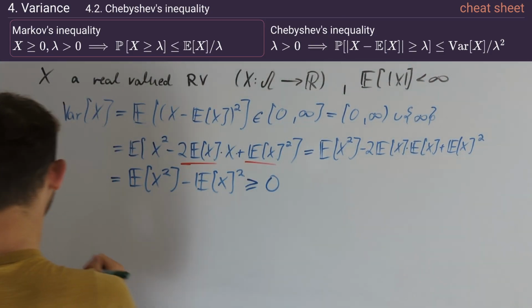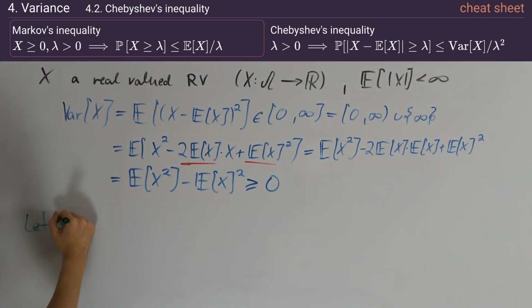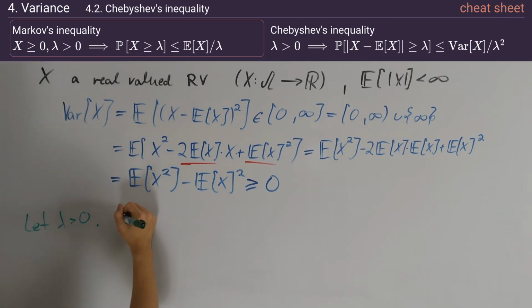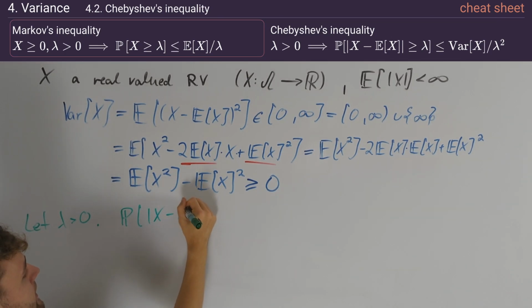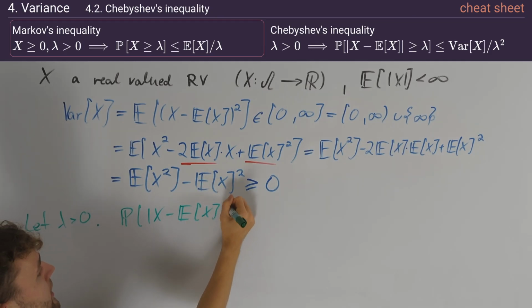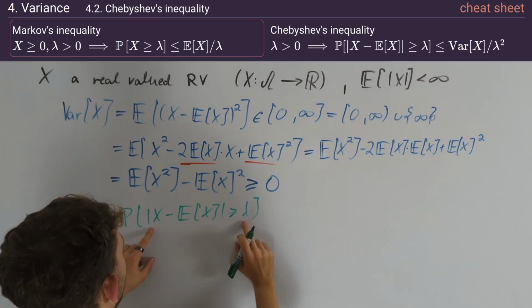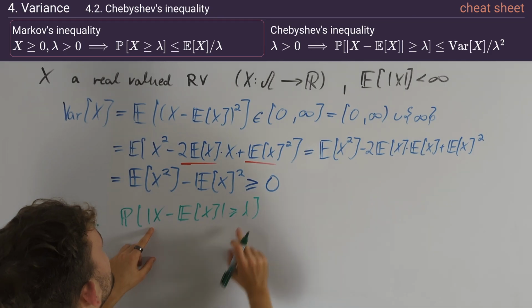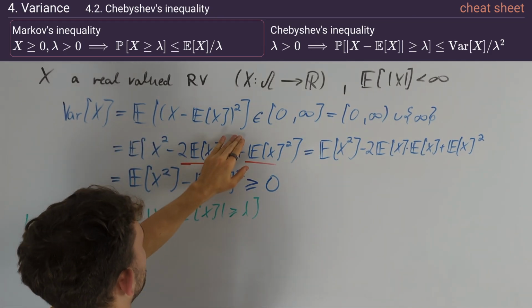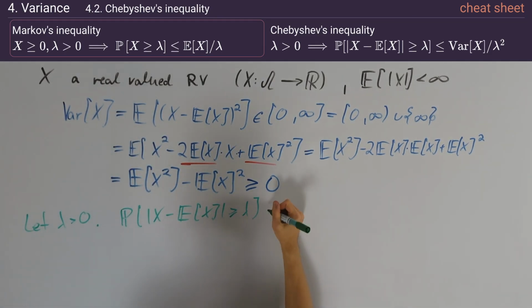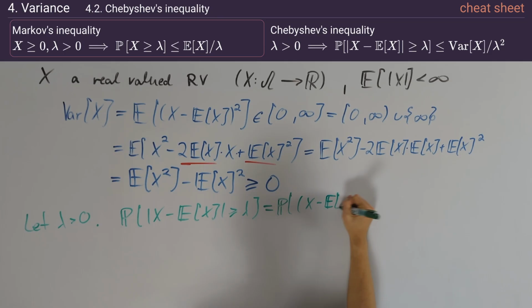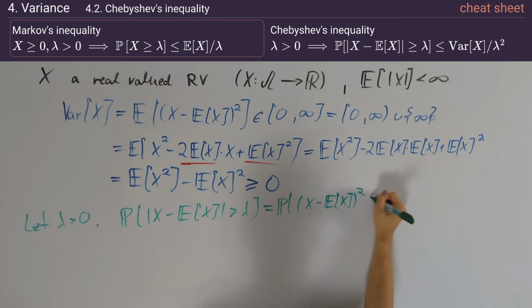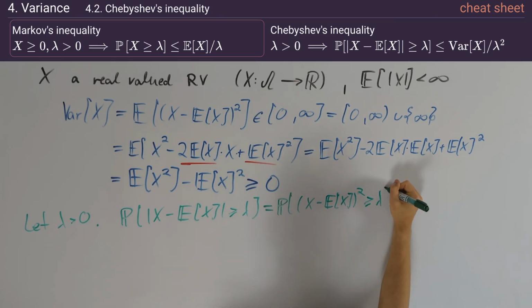So let us pick lambda greater than 0 and consider the probability that the absolute value of X minus EX is greater than or equal to lambda. We can bring this expression into a form resembling our original definition of variance. Namely, this event is nothing but the event (X minus EX) all squared greater than or equal to lambda squared.